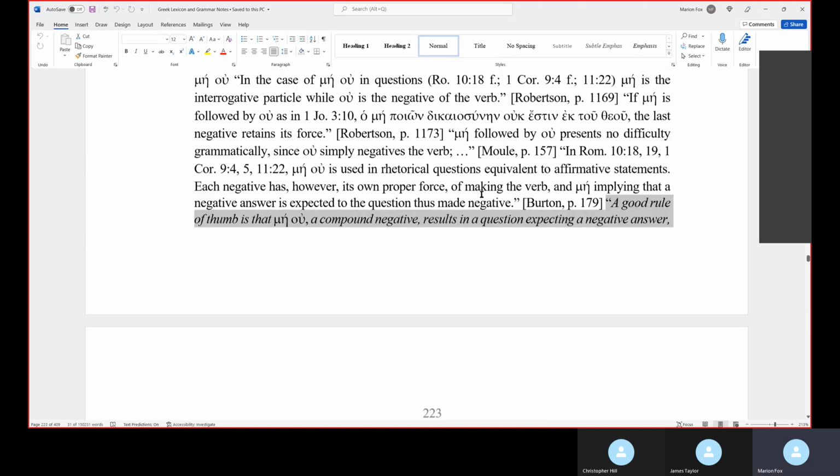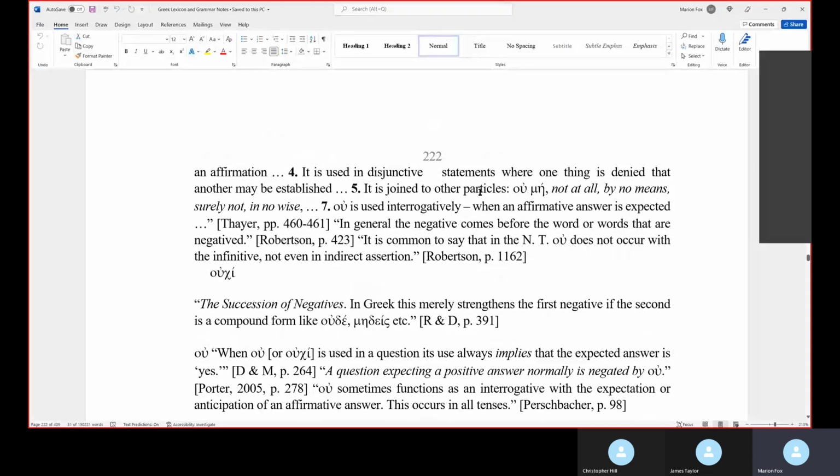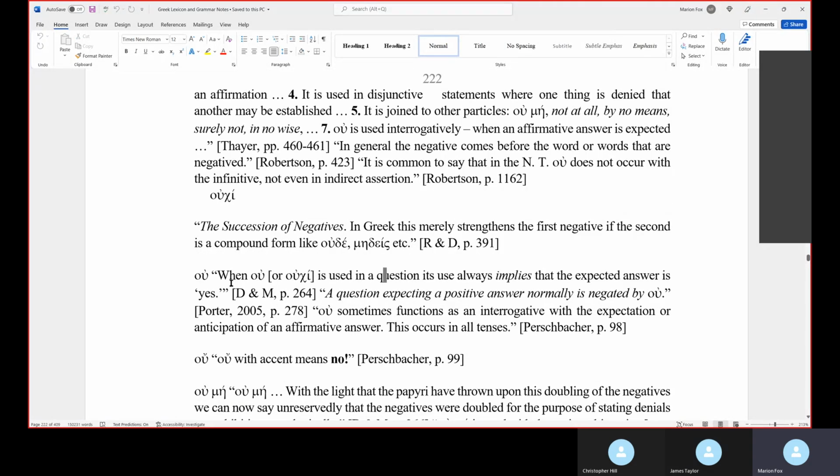Now let's go back up here. Ou and me, just one little quick thing. Ou, when it's used in a question, always implies that the expected answer is yes. A question expecting a positive answer normally is negated by ou. Ou sometimes functions in interrogatives with the expectation and anticipation of an affirmative answer, which means a positive answer.